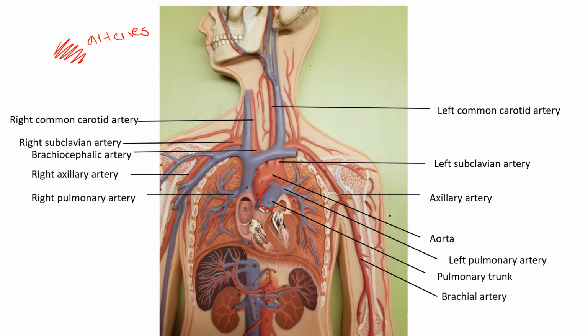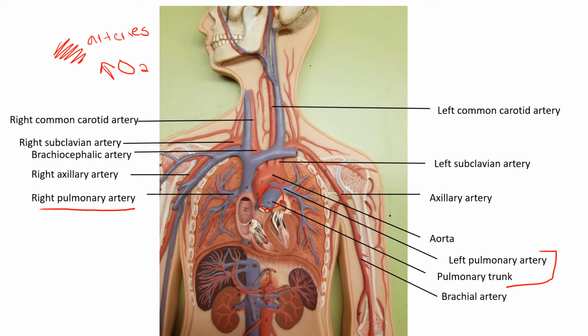Aside from the pulmonary trunk and the left and right pulmonary arteries, because you have one over here, those are going to be in blue because that's low oxygen, but for the most part, arteries are going to have high oxygen.